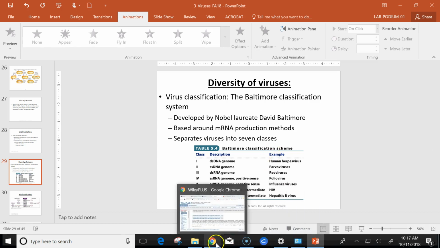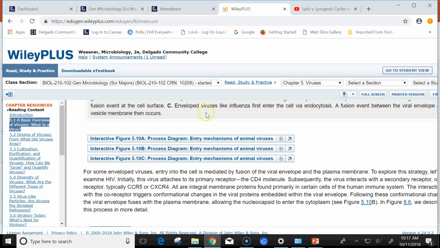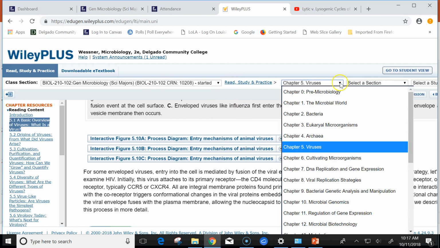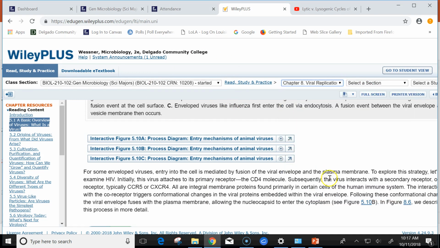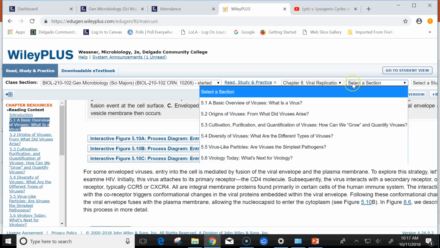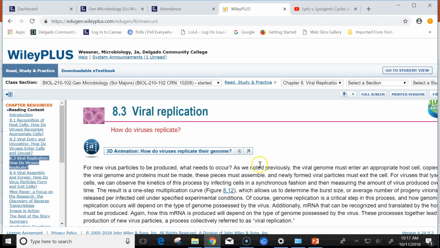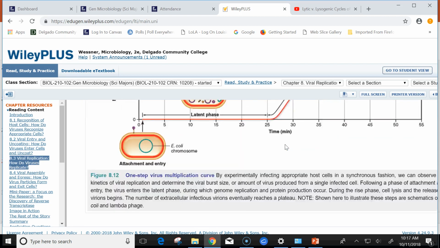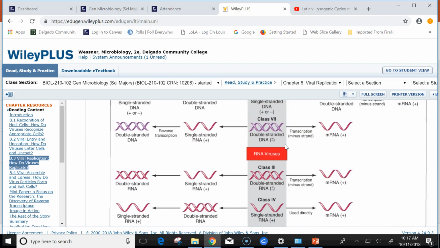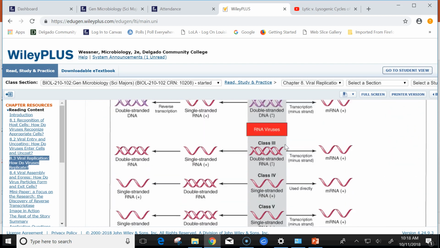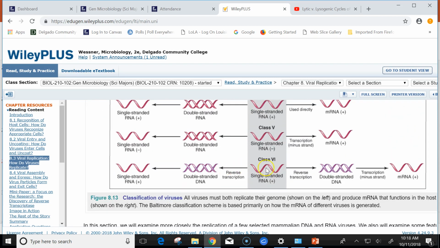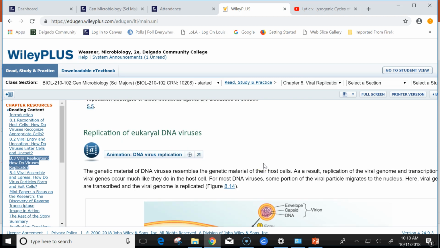So go back to the book, Erica. Go back to chapter 8.3. That's why I made the note. Section 3. How do they replicate? So this is a diagram we'll look at in a moment, that shows you the replication strategies for that classification.